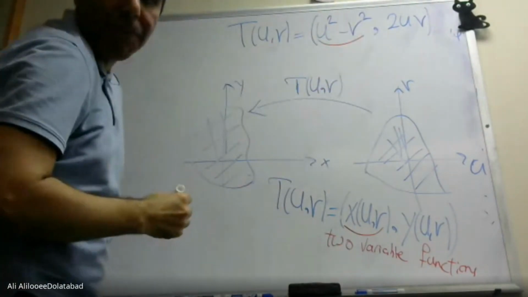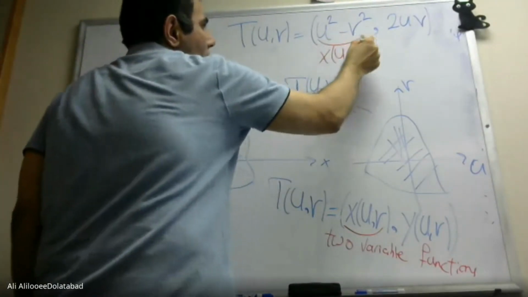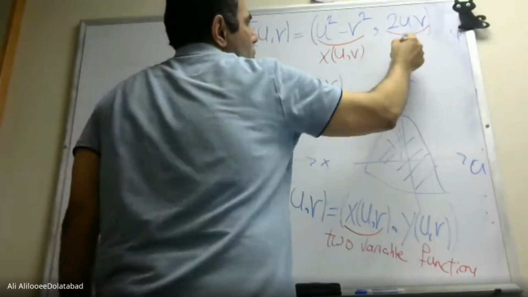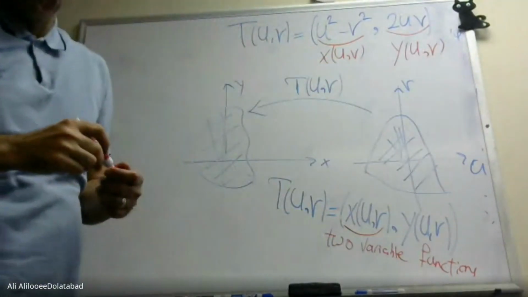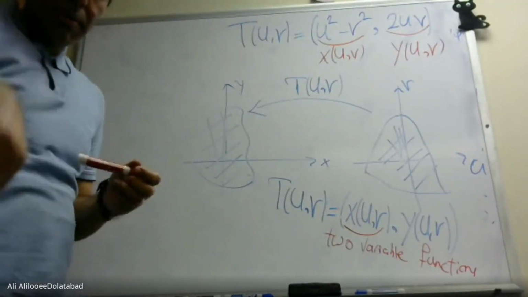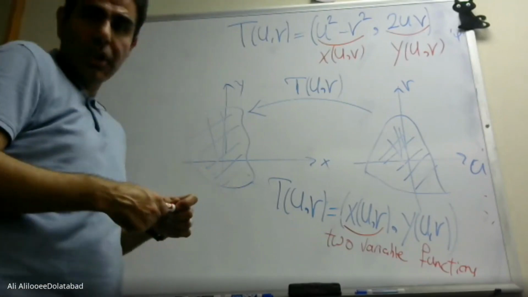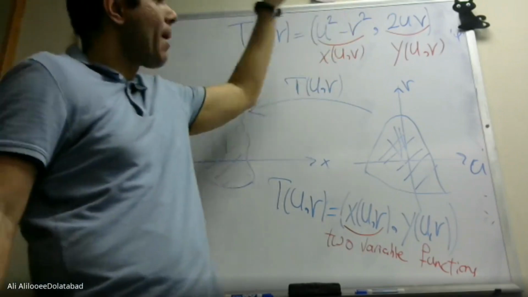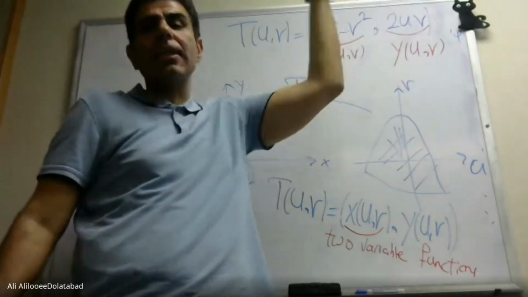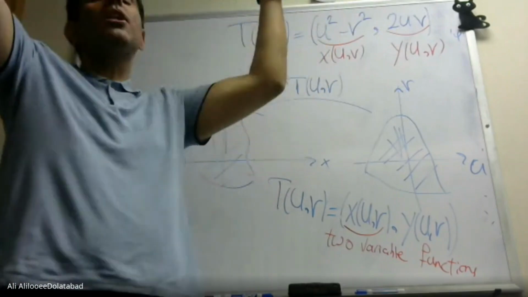How many variables do you have here? Two variables. Then this is x of u comma v. This guy is a function of uv. How many variables? Two variables. Y of u comma v. Any question? Two-variable functions can be written as the first coordinate and the second coordinate.